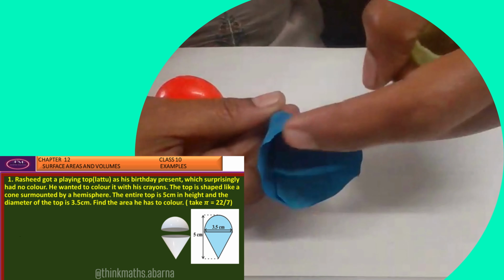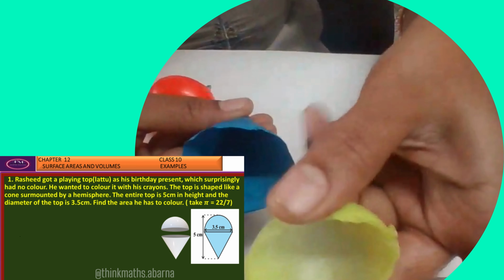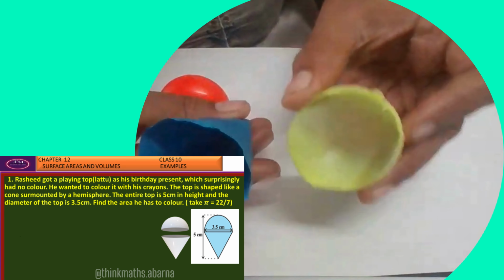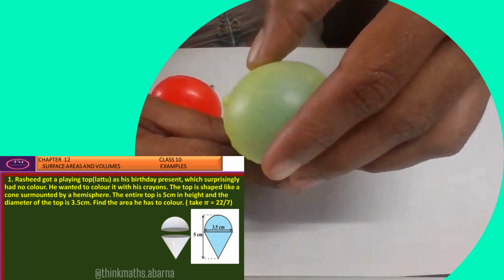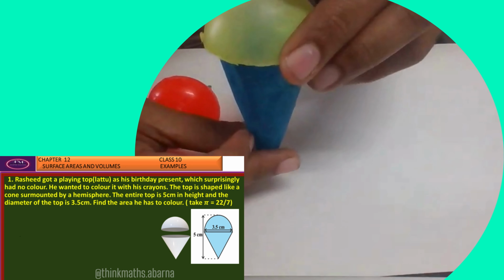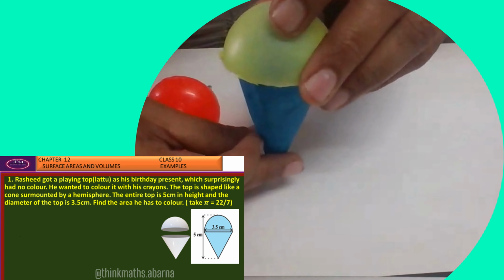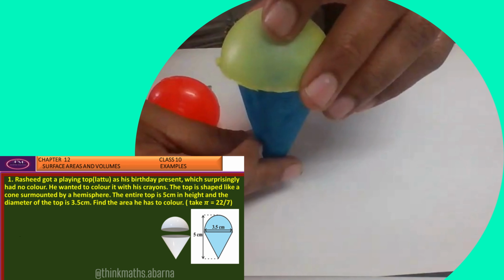What happens if this cone has a base area in a circle shape, and this hemisphere also has a base area of circle shape? Both circles will be hidden when we join them. So when we join the cone with the hemisphere, both their circular base areas get hidden.